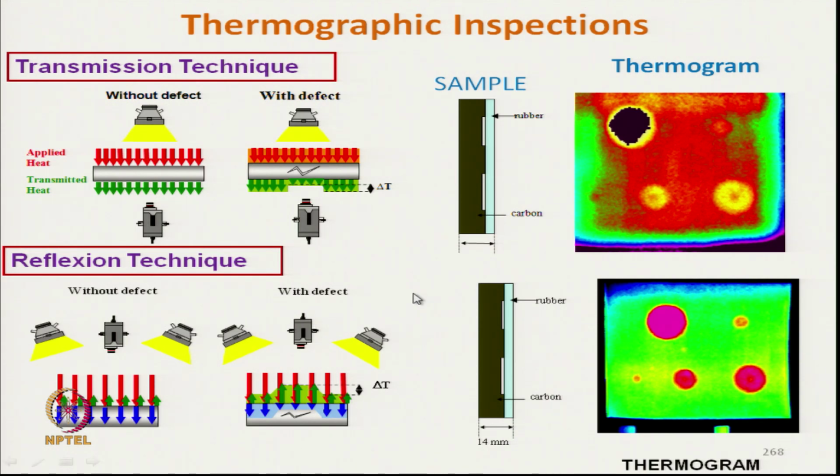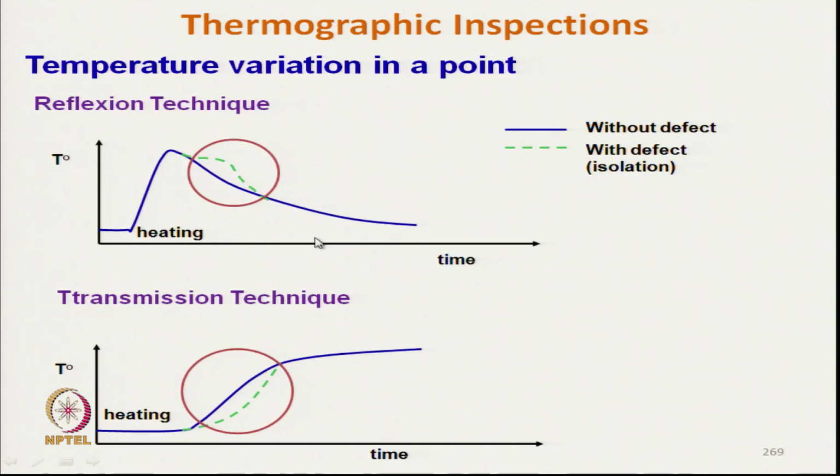And in reflection mode we also get an image. This is the reflection mode, with the heater here and the camera capturing the reflection. In reflection mode, from the defective area we get more heat, because extra heat is being reflected here.